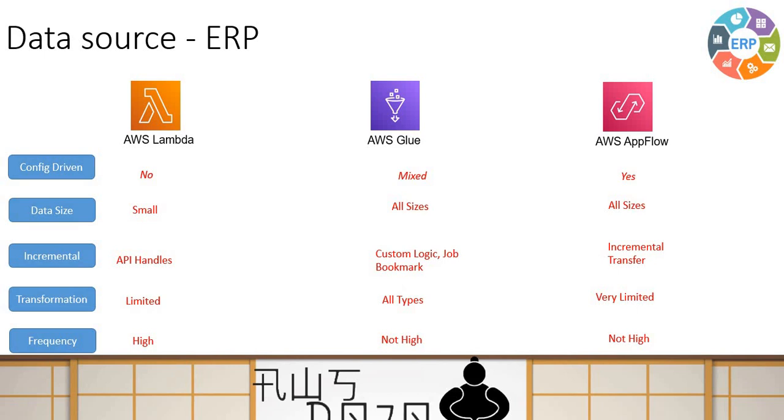Like if you're using ServiceNow or Salesforce or SAP, your incremental transfer configuration might be different, and in some cases it might not be supported as well, just to be very clear. So you might have to check application by application, but yes, it does support incremental transfer, so it can do incremental data ingestion as well.